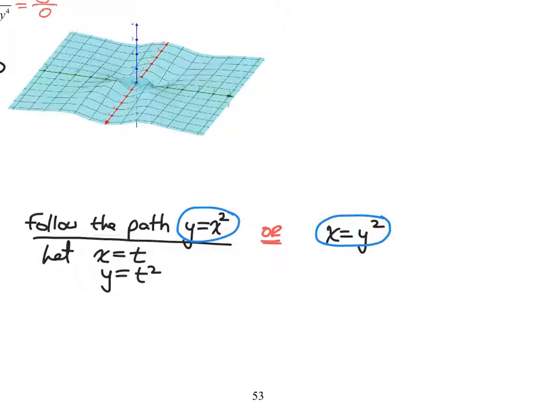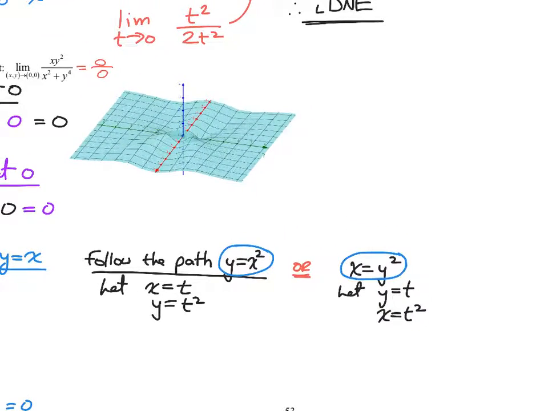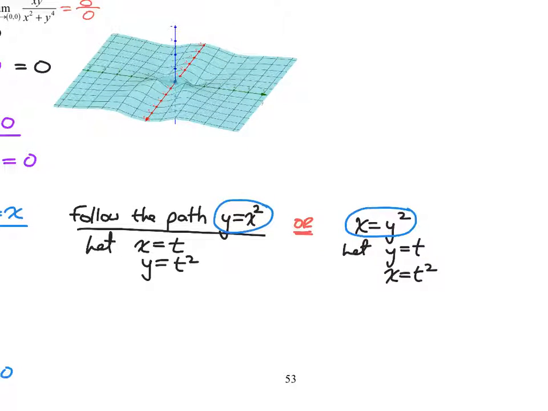If that's the case, then I would let y equal t, and x would be equal to t squared. So I'm going to do both of these simultaneously. And you'll see that one of them is going to get you in the right direction. And I'll show you how you could streamline it in a second. Streamline it a lot, because there's a lot here that doesn't need to be here.